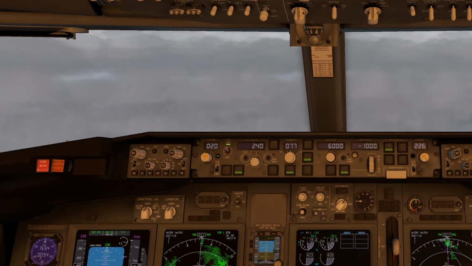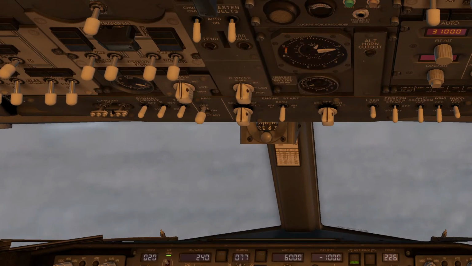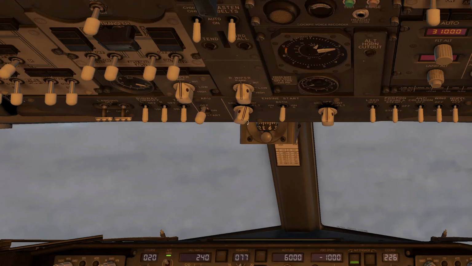Passing now flight level 70, lights on, landing light, runway turn off, taxi lights, logo lights, wheel well, ignition switch to continuous. 1,000 to go.